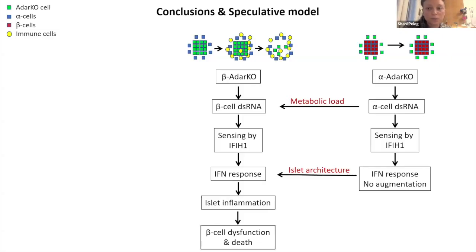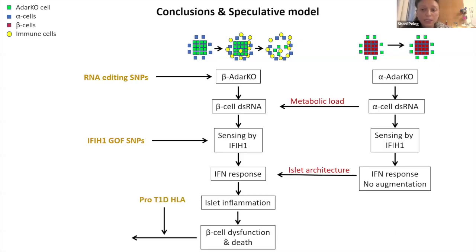And now let's add some genetic factors that are known to be associated with type 1 diabetes into this model. So first of all, according to the paper that I mentioned at the beginning of this talk, it showed RNA editing SNPs that could lead to deficient RNA editing. So these genetic variants could lead to similar effects that are shown by our model. Here we can see the variants in Th1 that are associated with type 1 diabetes.